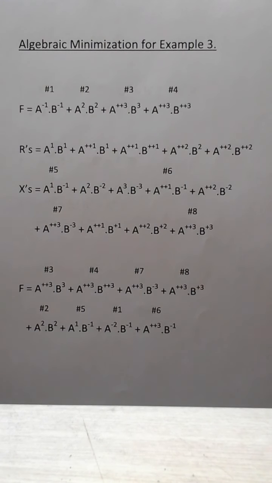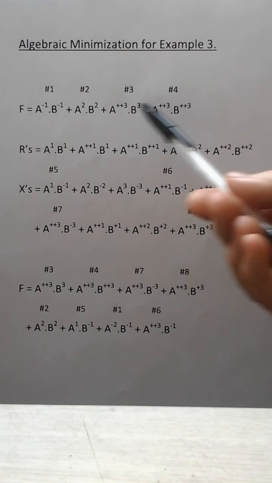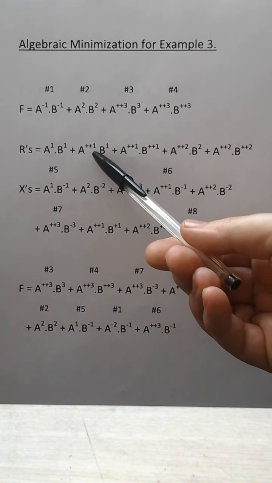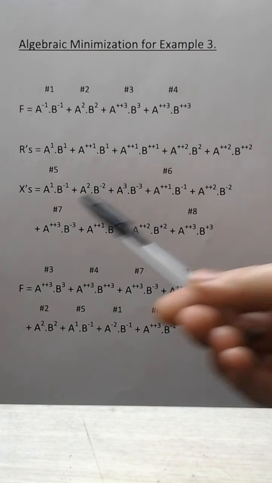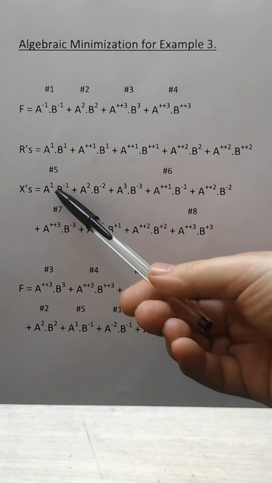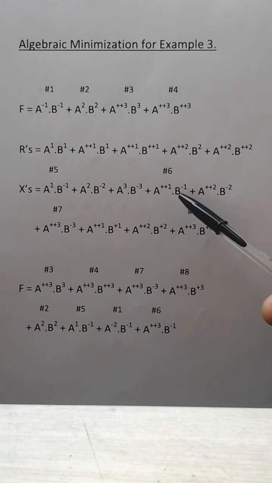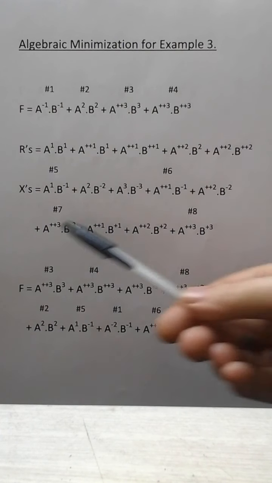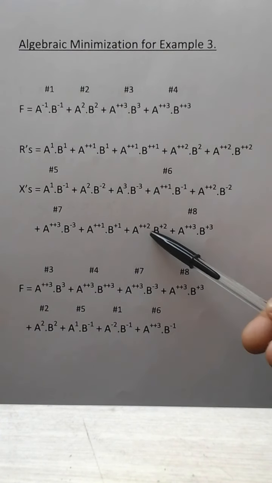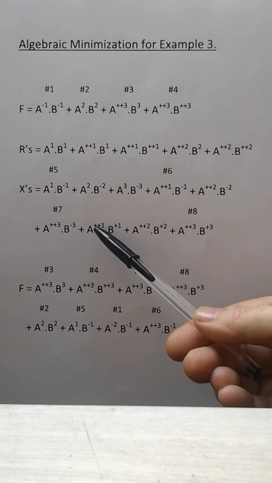Here we have the algebraic minimization for example 3. These are functions of f, the expression terms of f. These are the redundant terms, and these are the don't care states. Here I've written the term in n where n equals 1, 2 and 3. Similar for here, 1, 2 and 3, with the same two-valued unary operators.